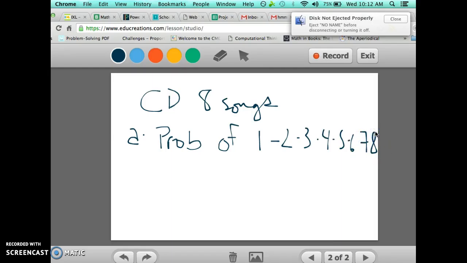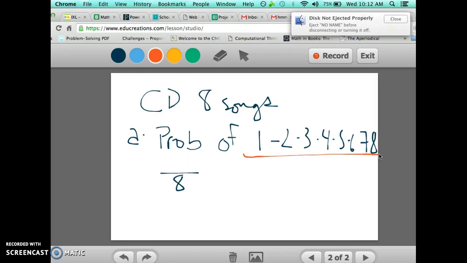Now, it plays them in random order, so the question is, what's the denominator here? How many possible orders are there? I'm going to use what I learned in the first 2 sections on permutations. How many orderings are there of any 8 things?